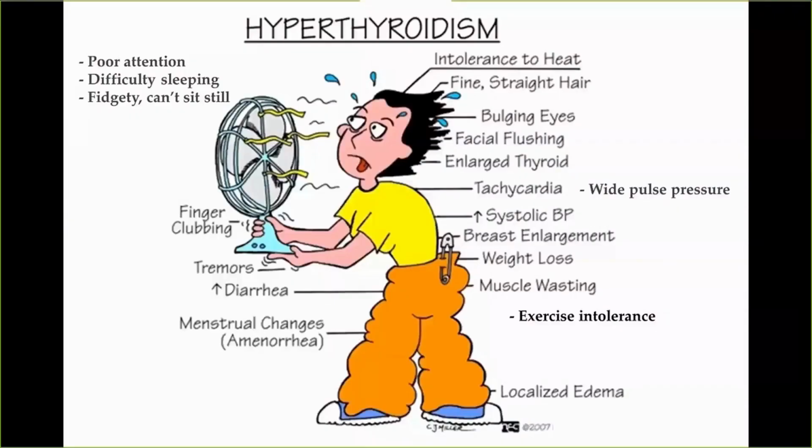This also shows the signs and symptoms of hyperthyroidism. As I mentioned, it does affect most of the systems, and most of those are just the opposite of hypothyroidism. So intolerance to heat, fine straight hair, bulging eyes, exophthalmos or proptosis is a very common thing that we see with hyperthyroidism.